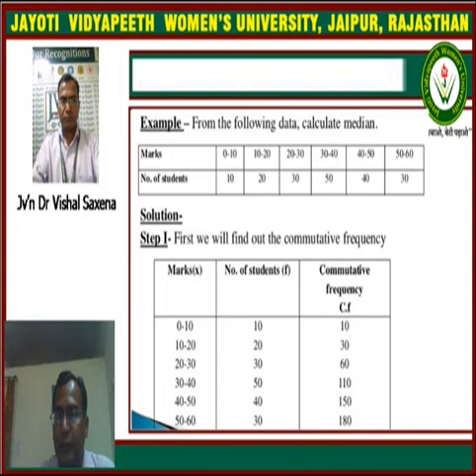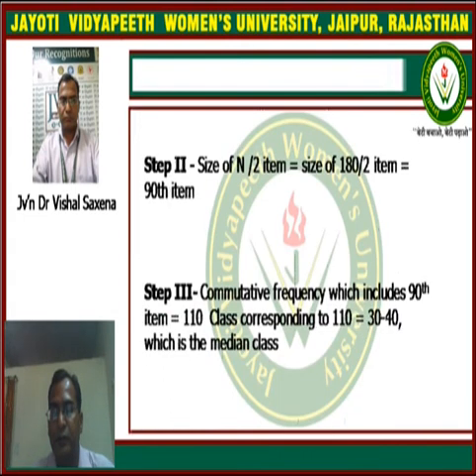How can we make the cumulative frequency? First it is 10, then 10 plus 20 is 30, 30 plus 30 is 60, and 60 plus 50 is 110, and so on. First we make the cumulative frequency table, and then we apply the procedure to solve for the median by the formula.